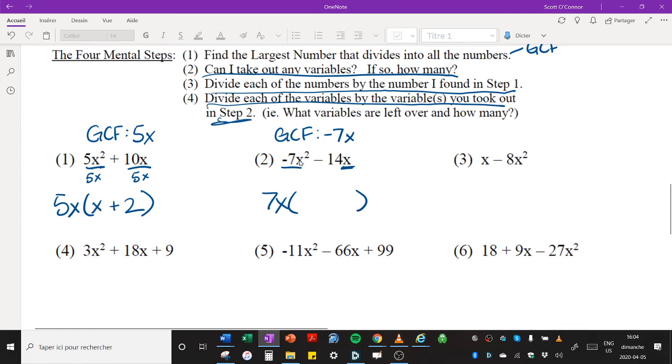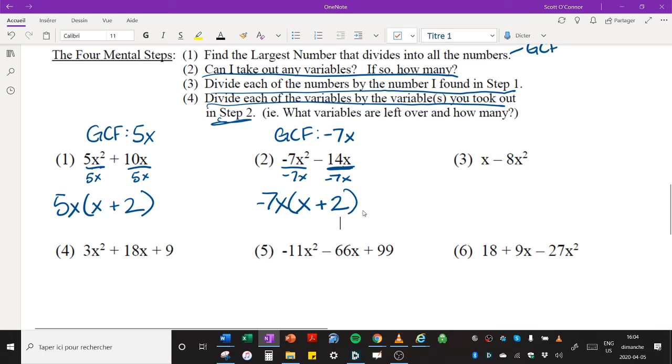How do I fill those brackets? Well, I'm going to divide both these terms by negative 7x. Negative 7x squared divided by negative 7x, and I'm left over with an x here. And if I divide negative 14x by negative 7x, then I'm going to get positive 2, and that's it.